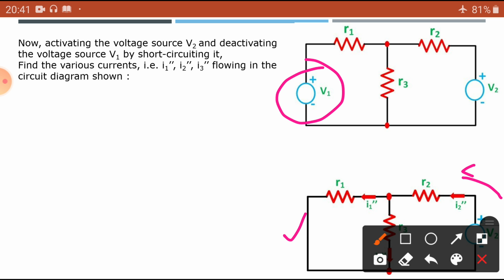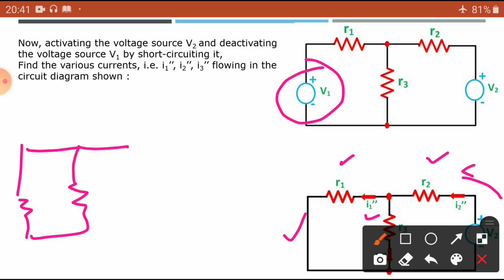Now, what you observe here is that R1 and R3 are connected in parallel, and it is connected in series with R2, a simple circuit. So, in this case we are going to calculate, this is R1 and this is R3, and here we connected R2.